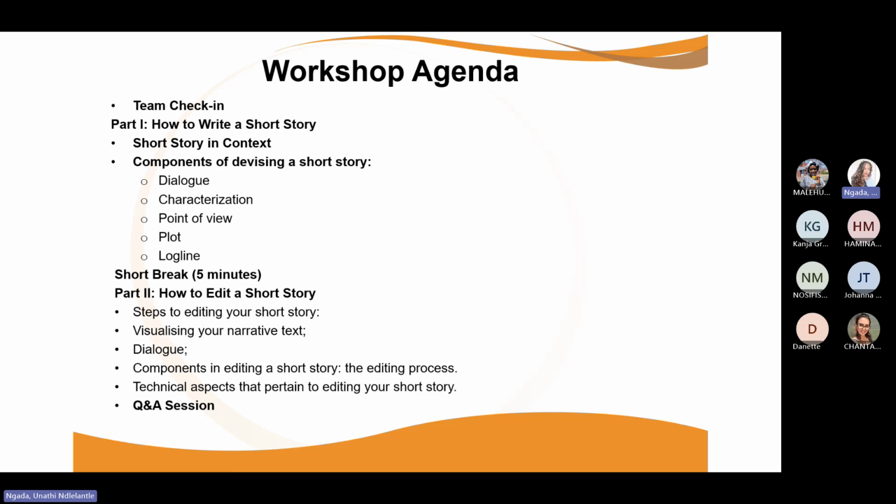Afterwards, we're going to have a short break, and then part two of the workshop, which is how to edit a narrative text. What are the steps in editing a narrative text? How does one visualize a narrative text? Dialogue, components of editing your narrative text, and technical aspects that pertain to editing your short story. So this is what we are going to be focusing on in today's session.